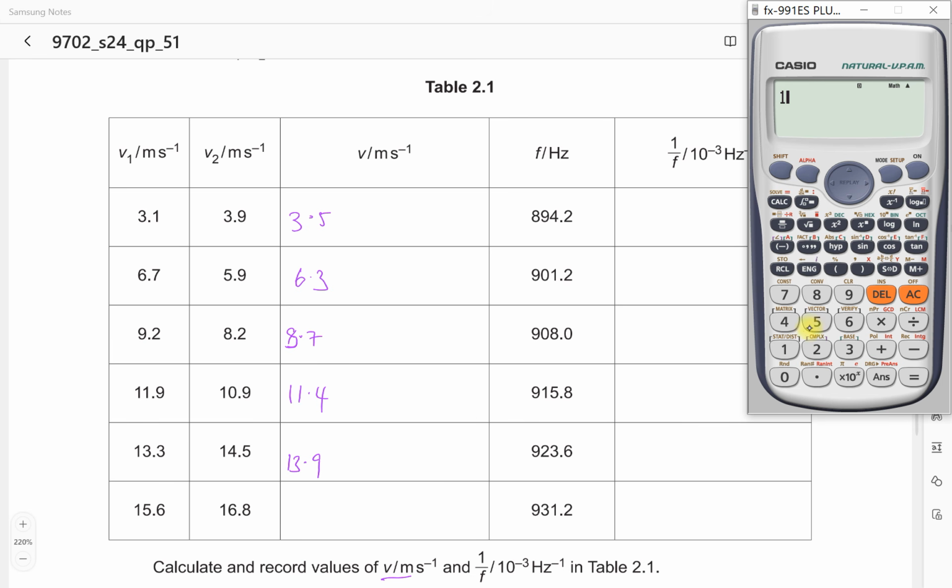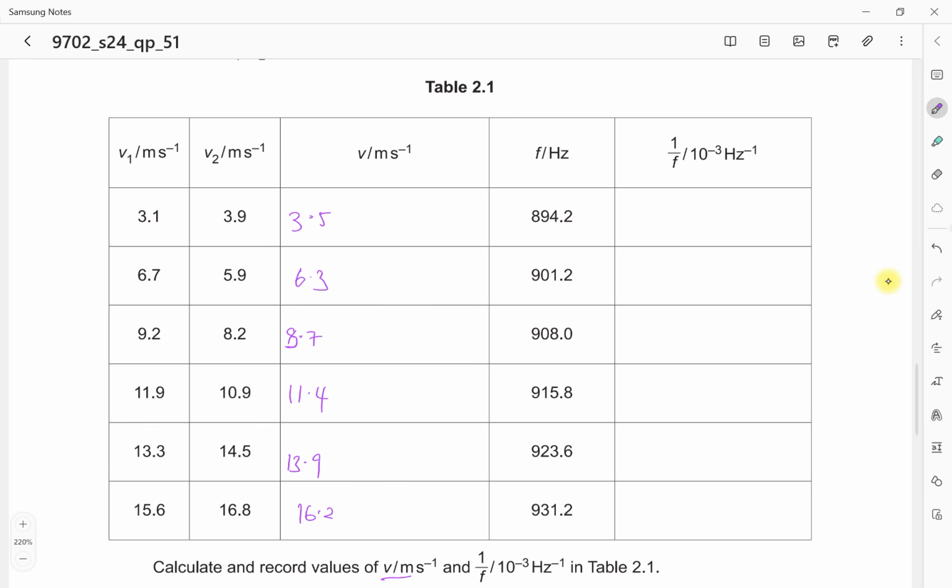And last we have 15.6 plus 16.8 divided by 2, so it is 16.2.